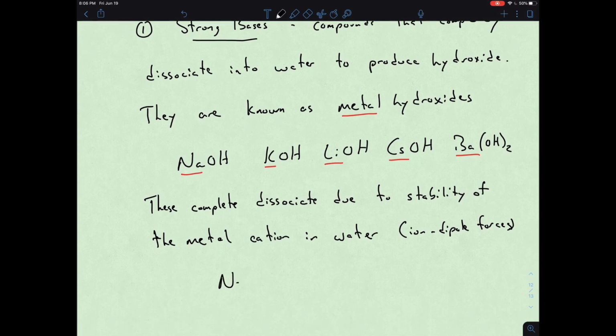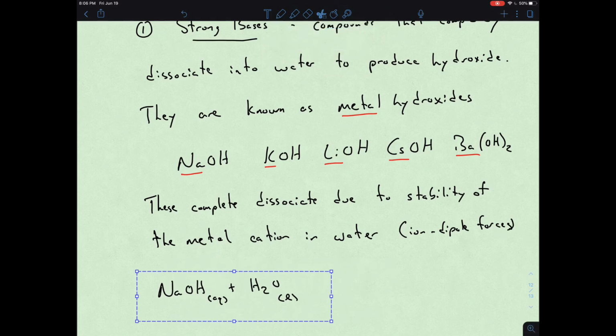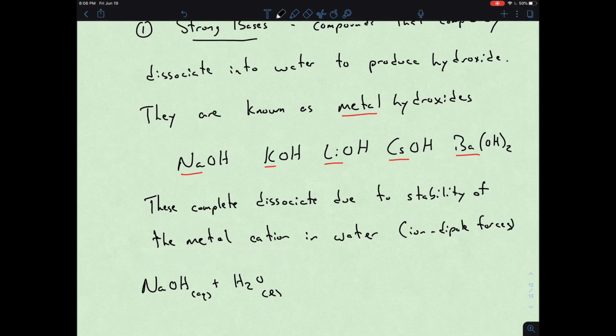So with sodium hydroxide, if we put it into water, it's kind of redundant in writing it this way, but the hydroxide that we get would accept a proton from water to make H2O, and then that would generate hydroxide, and then you would have your sodium ion.